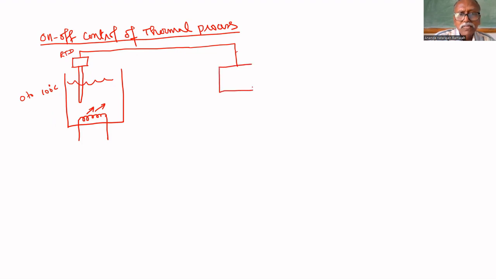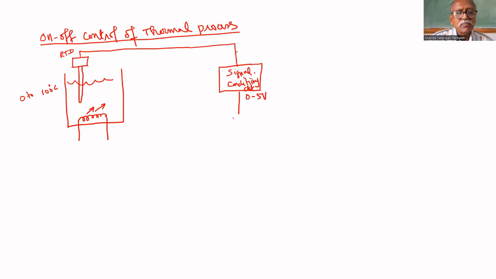So that resistance has to be converted into a voltage or current. For that, a signal conditioning circuit is required. Here, change in resistance is converted into 0 to 5 volt.